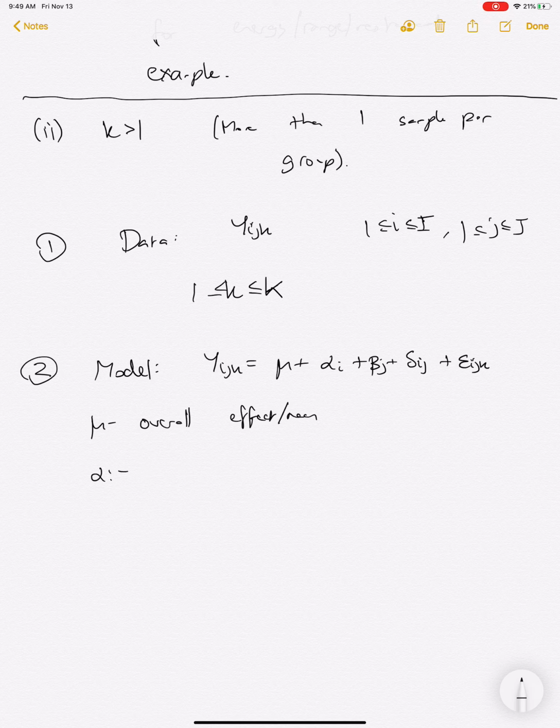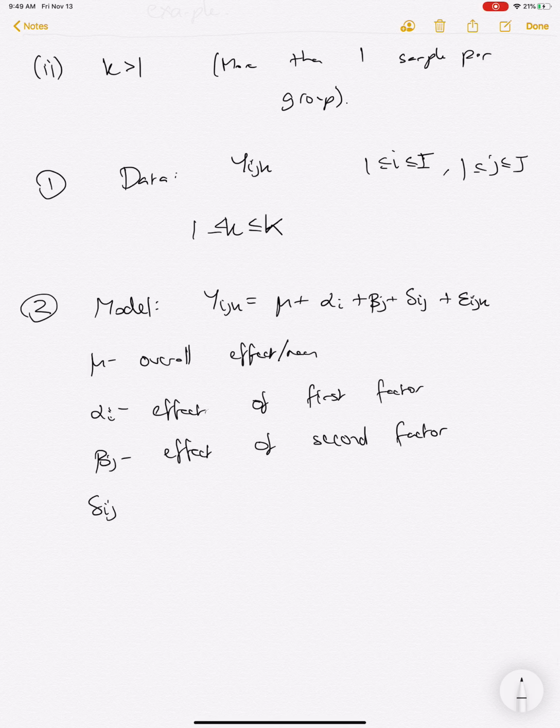Alpha i is the effect of the first factor. Beta j is the effect of the second factor. And then we have this new term delta ij, which is the interaction effect of the first and second factor.